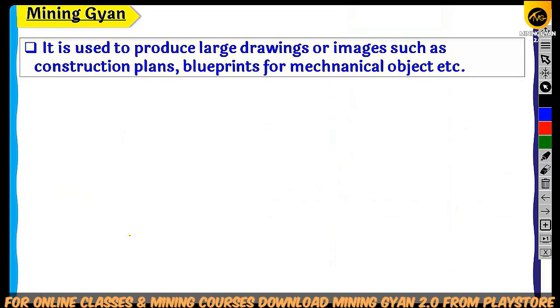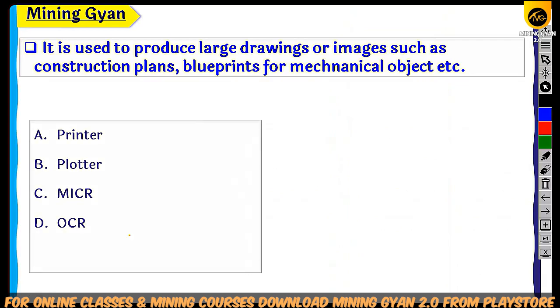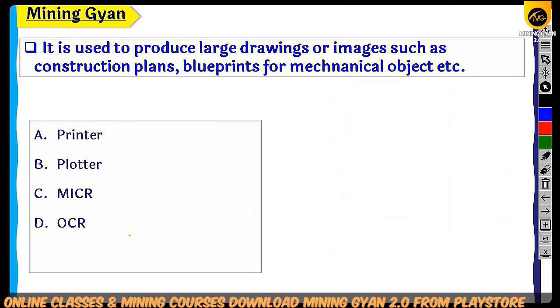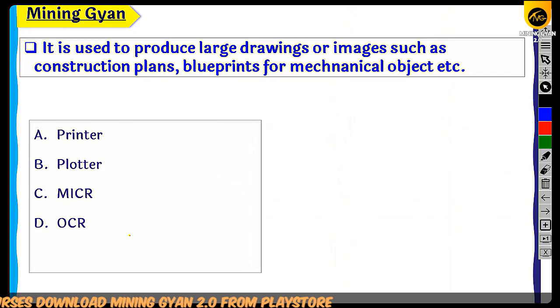Next question: it is used to produce large drawings or images such as construction plans and blueprints for mechanical objects. Option A is printer, second is plotter, option C MICR, or option D OCR. Which device can be used for large drawings or large outputs like maps, construction plans, or blueprints in mechanical fields?